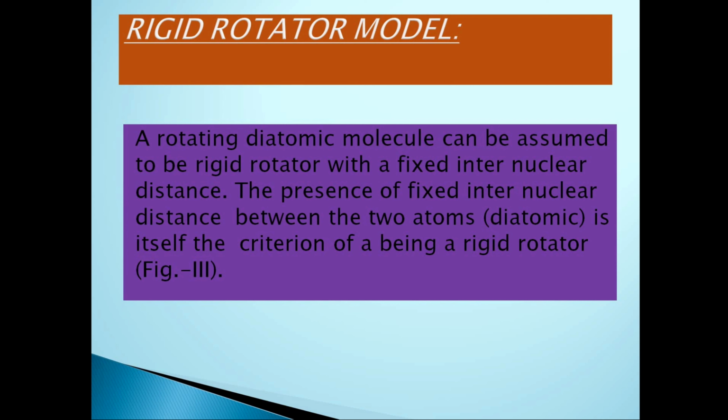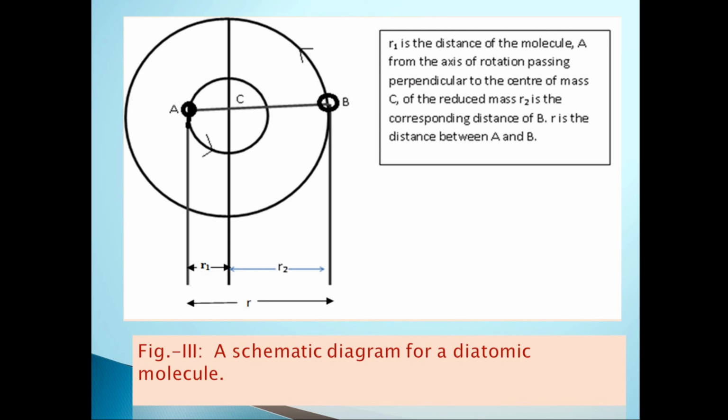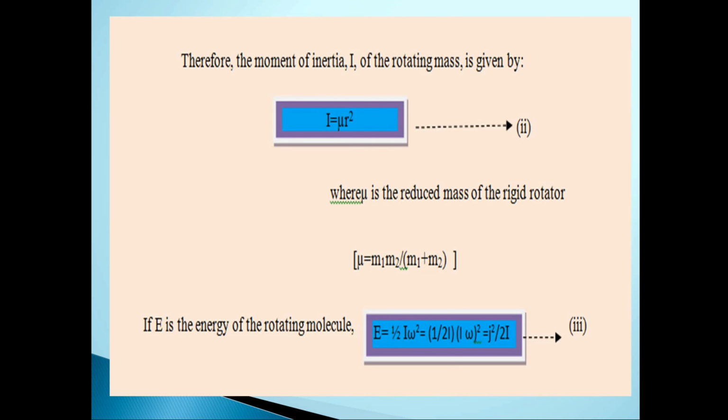If it performs rotation about the axis passing through the center of mass and perpendicular to it, then there is no chance of any kind of deviation from this internuclear distance r that we have assumed equal to a small r. Now the presence of fixed internuclear distance between the two atoms is itself the criterion of being a rigid rotator, that you can see in figure 3 and be assured. A schematic diagram for a diatomic molecule is given. They are rotating, they are so rotating.